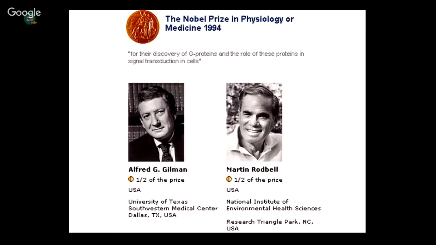Later on, these G protein complexes have been found in a variety of signaling contexts, including olfactory sense, the receptors in your nose, the olfactory bulb. And somehow, recently, there's another Nobel winning story: they discovered the olfactory receptor.